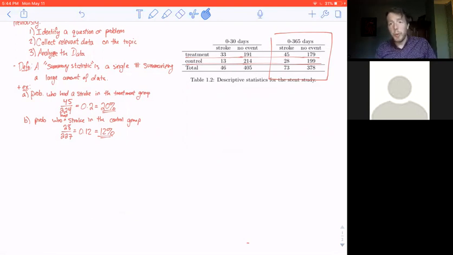So what we want to do at this point is take a step back and just look at the summary statistics that we've created. You'll note that what we have observed here is actually counter to what the doctors expected when they proposed this treatment. The proportion of people who had a stroke after a year and got stents, that proportion is actually higher than the proportion of people who didn't get a stent at all and just waited a year.